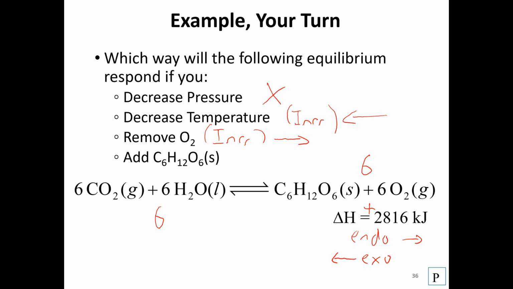And lastly, add, well, that's glucose, C6H12O6. It's a solid. No change. Remember, equilibrium expressions, the K constant, does not care about solids. All right. So, yeah, a couple tricks in there, but now you see how it works.